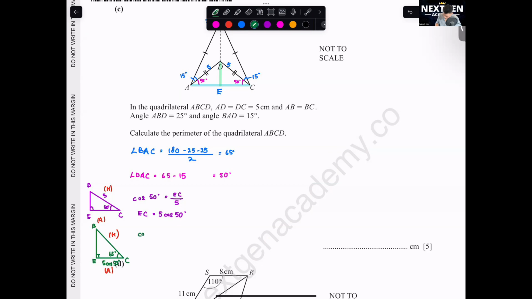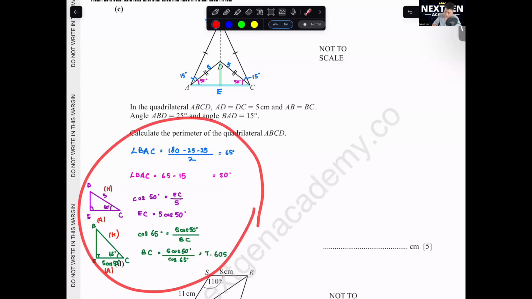So cos 65 degrees is equal to 5 cos 50 degrees over BC. You want to find the value of 5 cos 50 also, it's okay. BC is 5 cos 50 divided by cos 65 degrees, which will get 7.605. So this part here is the hard part to find.